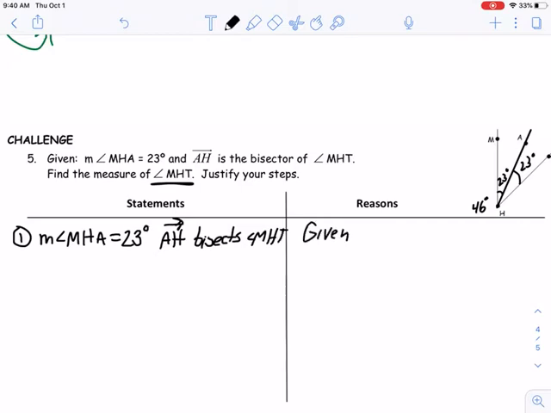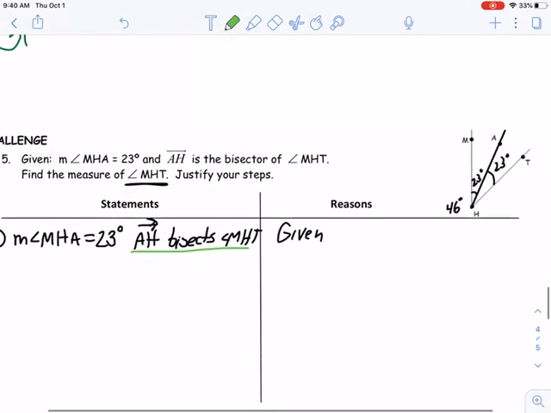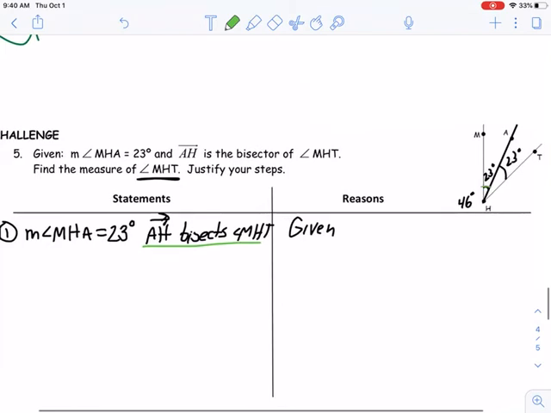So given says that since AH bisects angle MHT, the two angles are going to be congruent.